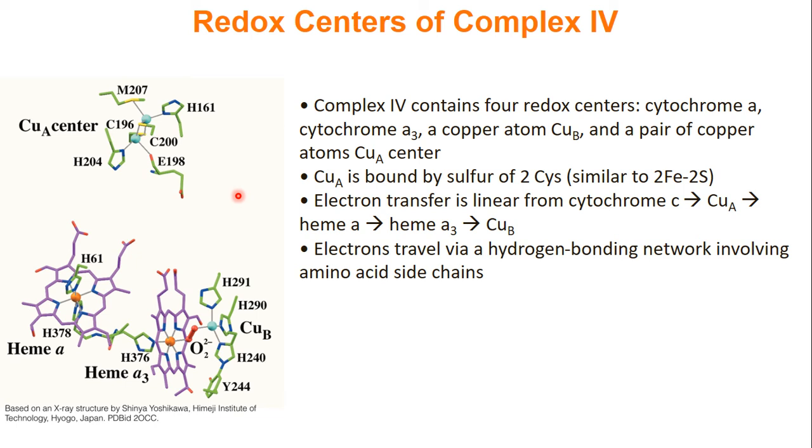Here we have a linear transfer of electrons from cytochrome C to copper A to heme A3 to copper B. And here's our oxygen molecule that's receiving all of these electrons. The way these electrons are moving is through hydrogen bonds in our amino acid side chains.